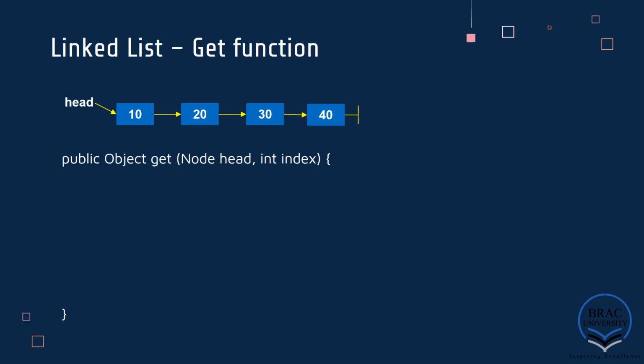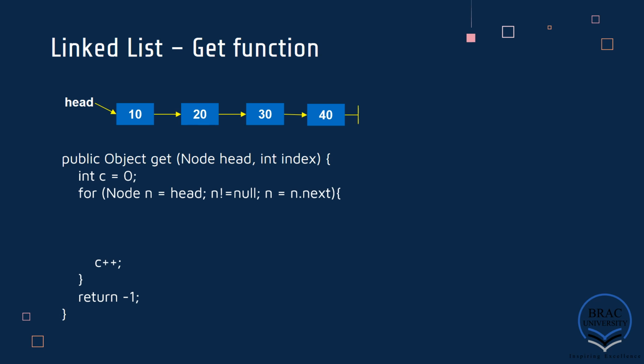So for solving this function, we have to use again the counter variable like we did in our count function. Here I take c as a temporary variable which will be used for counting the nodes, and I'm going to increment it every time the node changes, and I have to go through the list. So we have to use this for loop here which starts with head, and it keeps iterating till it finds the null node.